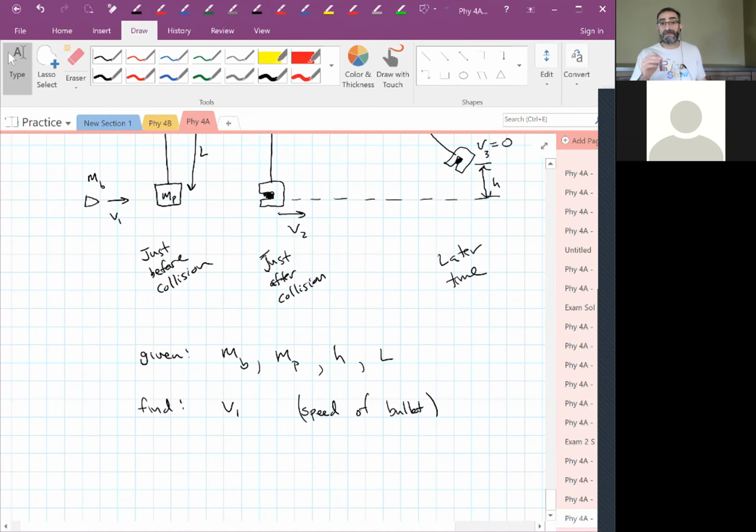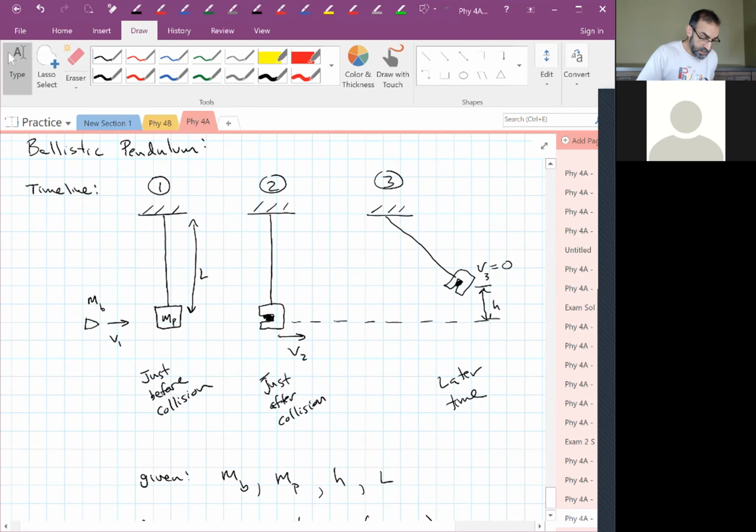So for this problem, we work backwards. We're going to go from time 3 to time 2. What are we going to use there? Energy. We know the pendulum is at a certain height and it's swinging down, and we're trying to find the velocity of the pendulum at the bottom.